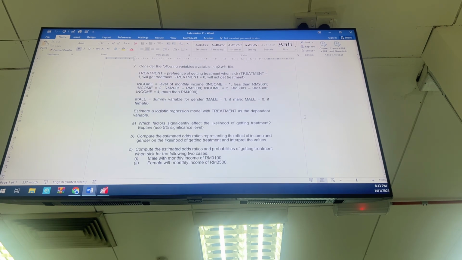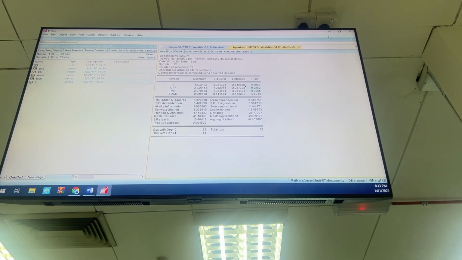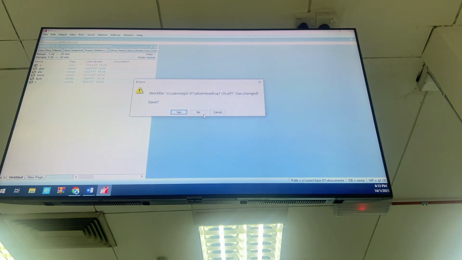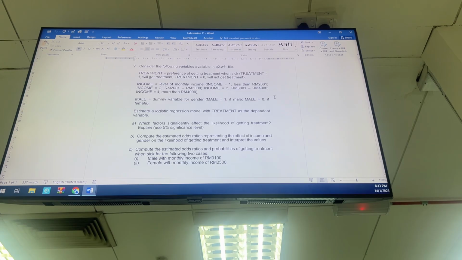Okay, the next question, number 2. So this one we have another example. Treatment is the dependent variable, so again it is binary, 0 and 1. This data was obtained through a survey.